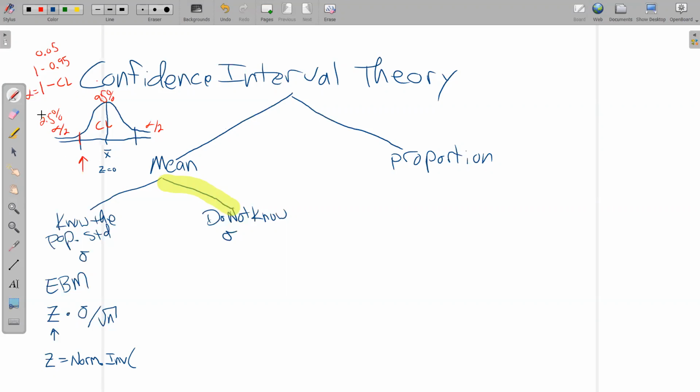We're going backwards. We know the probability, we need the number that leads us there. And so I would enter whatever alpha over 2 is as a decimal, and then it wants to know what's the mean. So in this case, the mean would be x bar, and it would want to know what the standard deviation is, and that would be this sigma over square root of n. And I think that's the end of this calculation. Let me whip out my spreadsheet to double check.